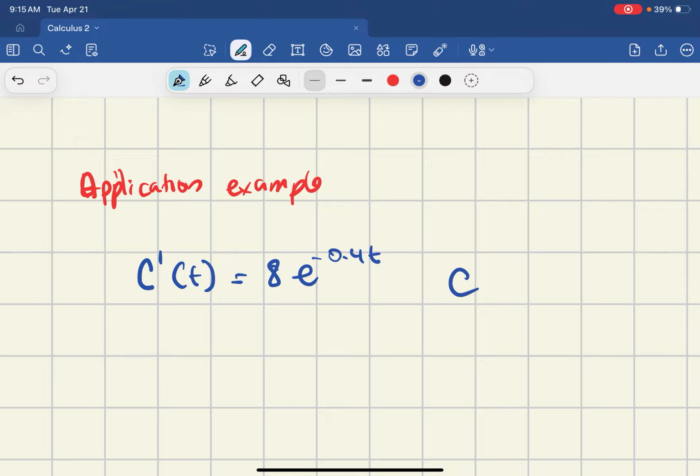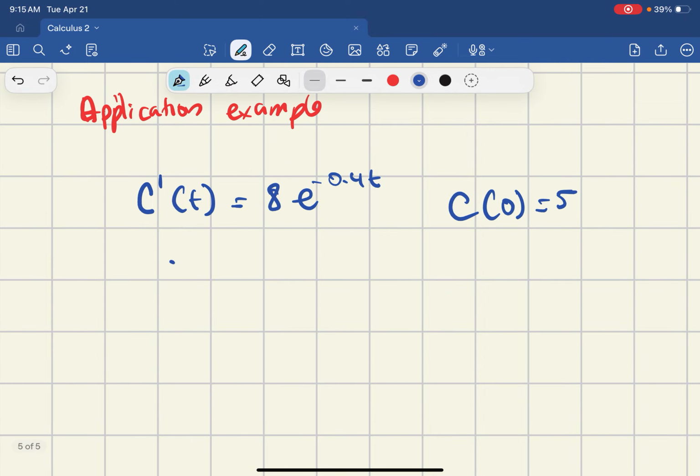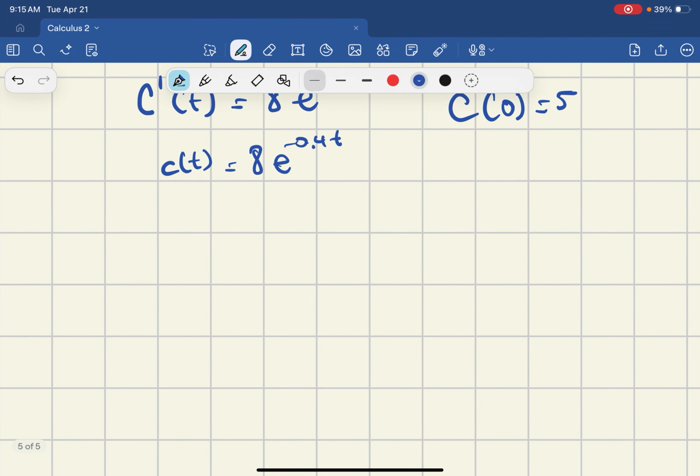And we'll say that C of 0 is equal to 5. Or sometimes you'll see this as lowercase, depending on the books, but we are trying to find the capital C of t, which is the antiderivative of this. So we want to be able to integrate this.